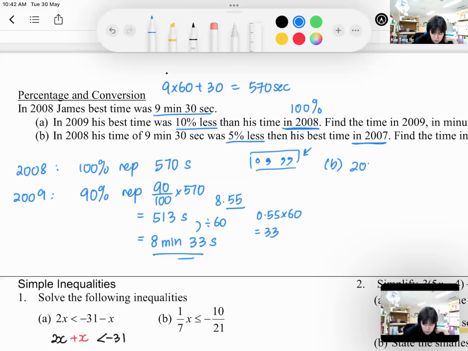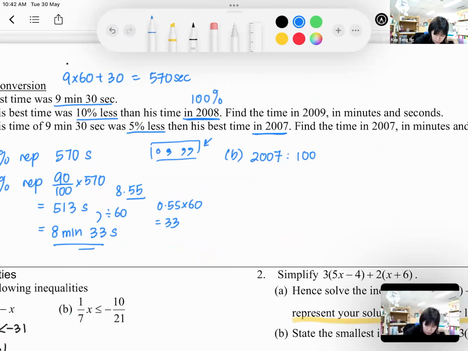So this means 2007 is actually my 100%. I do not know what this number is, but I know 2008 is 5% less, to 95%. And that was 570 seconds.